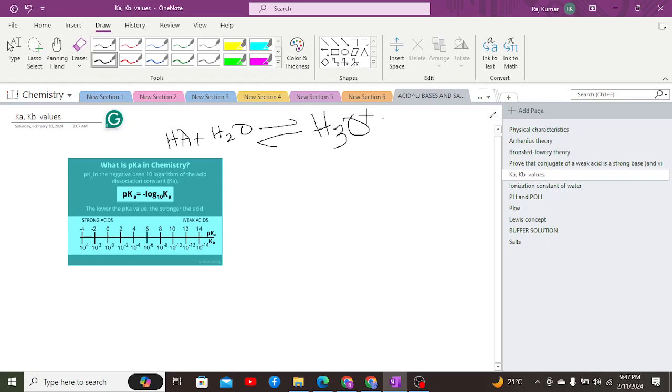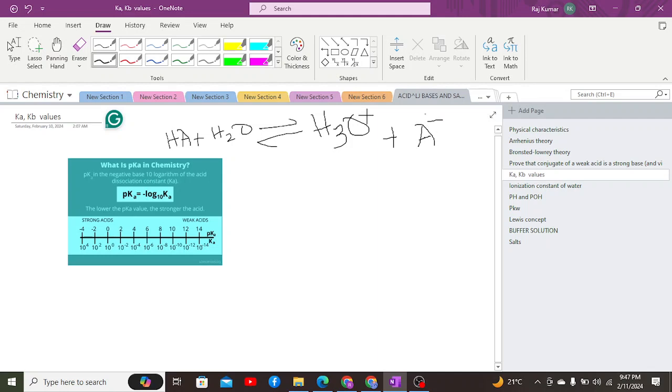What is a hydrated proton? It is H3O+, also known as hydronium or oxonium ion, or hydrated proton. Moreover, the rest of the compound which would be obtained is A negative.